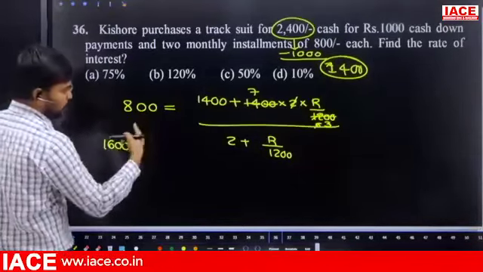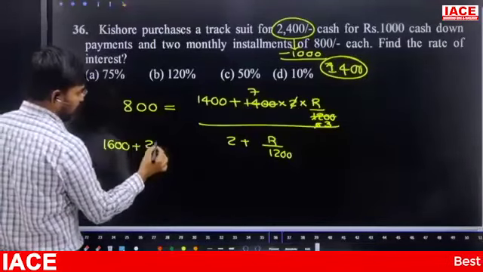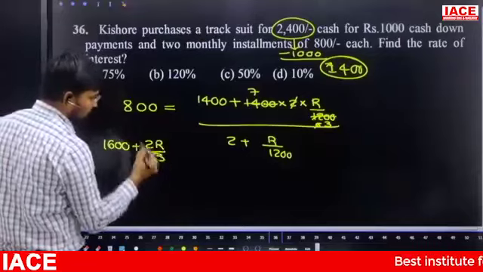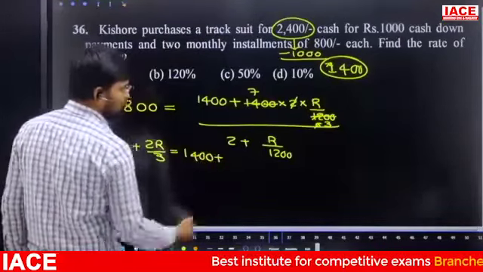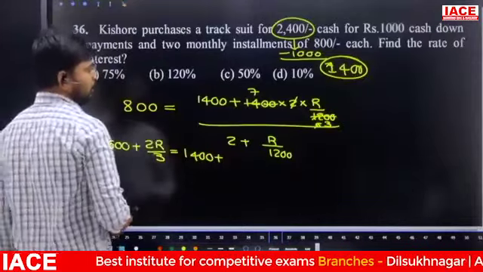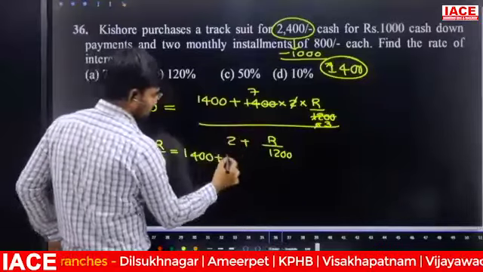That is 200 4s are, 200 6s are, or 400 2s are, 400 3s are. So 2R by 3. 2R by 3 is equal to 1,400 plus this is 7R by 3, 7R by 3.